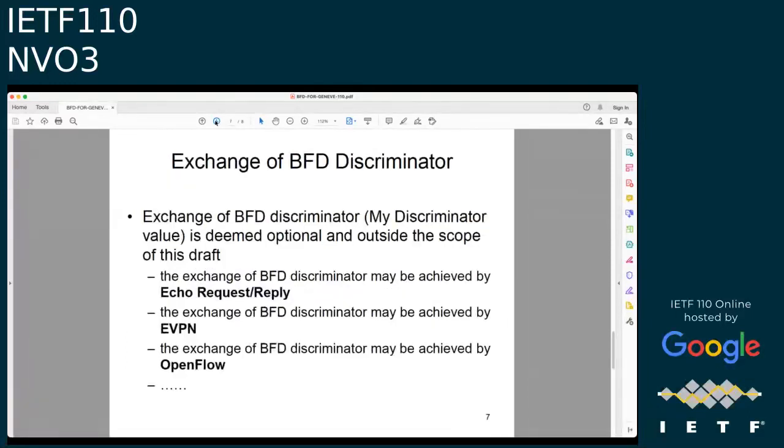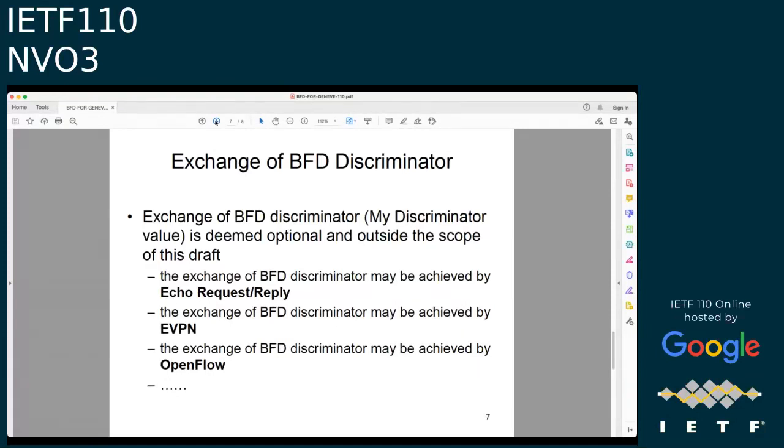In the 01 version draft, the third main update is to clarify the exchange of BFD discriminator if needed. Exchange of BFD discriminator is deemed optional and outside the scope of this draft.